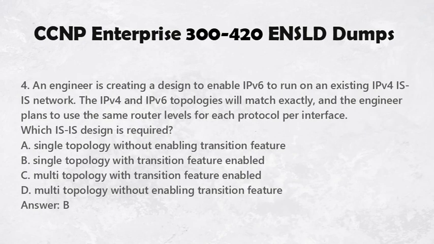4. An engineer is creating a design to enable IPv6 to run on an existing IPv4 as-is network. The IPv4 and IPv6 topologies will match exactly, and the engineer plans to use the same router levels for each protocol per interface. Which design is required?